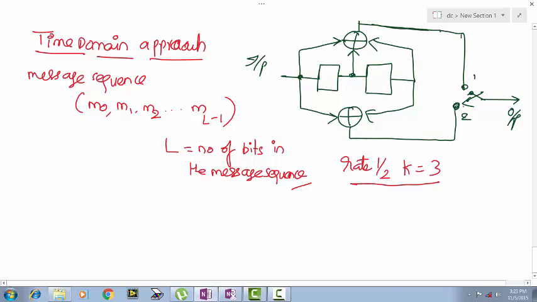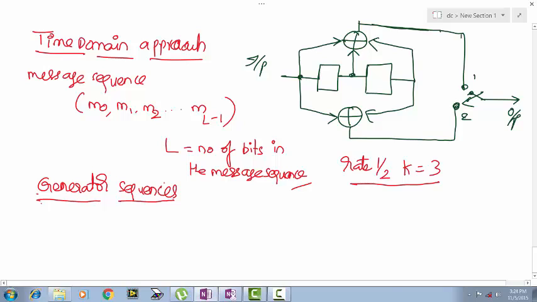For the two modulo 2 adders, we need to find out the generator sequences.